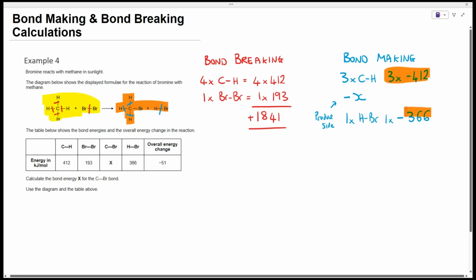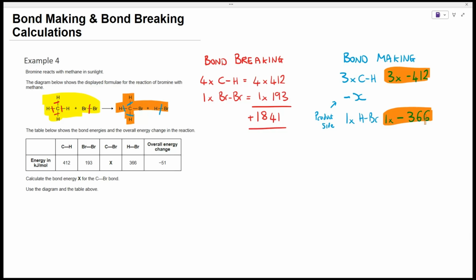I would strongly recommend that you work out those 2 numbers. Okay, so 3 times 412 and the 1 times minus 366. Okay, you can work them out. It's going to make life a little bit easier on the final bit that we do in a second. And we're going to go through how you then take this into an equation and find x.